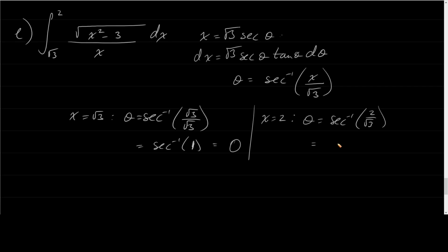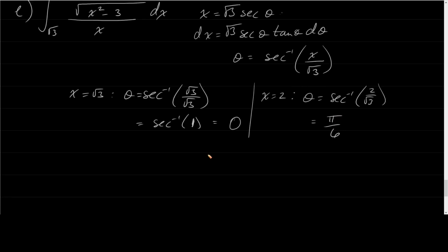Well, that would happen where its reciprocal, cosine, is the reciprocal of 2 over radical 3. So it happens when cosine is radical 3 over 2, which happens at the angle of pi over 6. All right. So that again, that's just from knowing the unit circle. All right. So you really need to remember your unit circle.